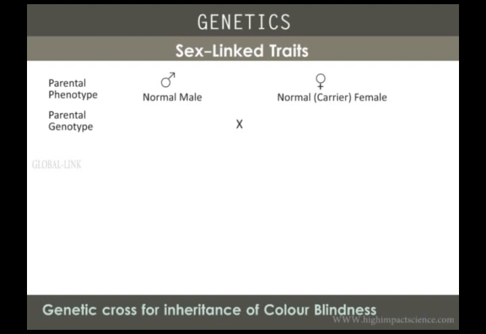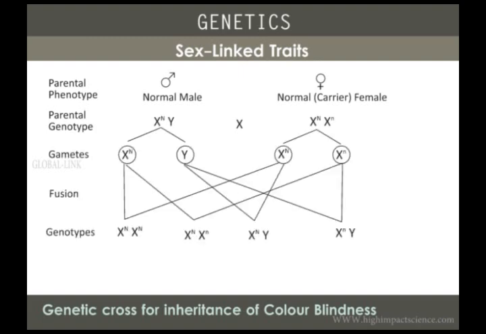Parental genotypes: male X^N Y, and female X^N X^n. Through fusion of the gametes, we shall produce 4 possible outcomes: a normal female, a carrier female, a normal male, and a colorblind male.